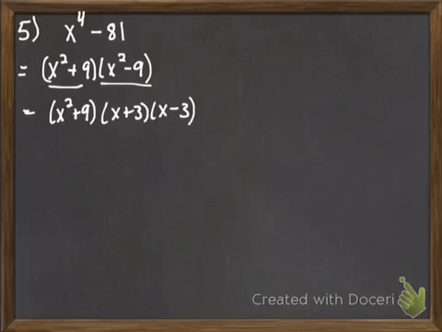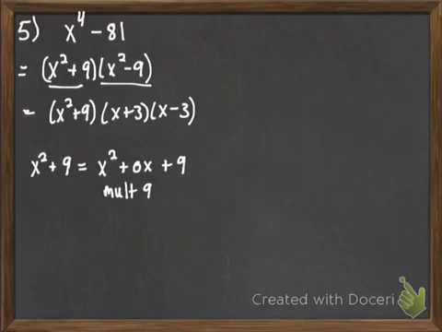Okay. Now you might be wondering, why can't I factor x squared plus 9? We can factor a difference of squares. Well, what's wrong with the sum of squares? Well, the reason we can't factor it is if you took that x squared plus 9 and rewrote it, you could write that so that it has 3 terms. The middle term is a 0, so you could put in a 0x. Well, now that it has 3 terms, we can factor it by saying, okay, we need things that multiply to be 9 and add to be 0.